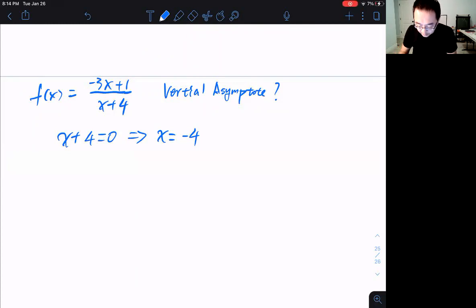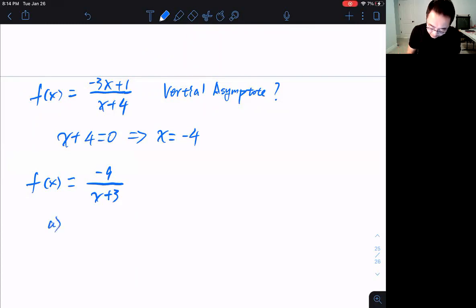Okay, so let's say that you have f of x equals negative 9 divided by x plus 3. First question is if there's any vertical asymptote. The answer is yes, x equals negative 3.